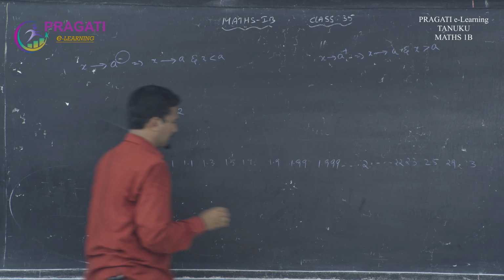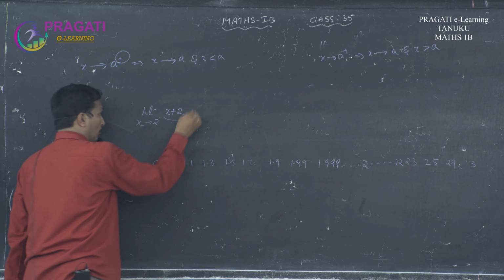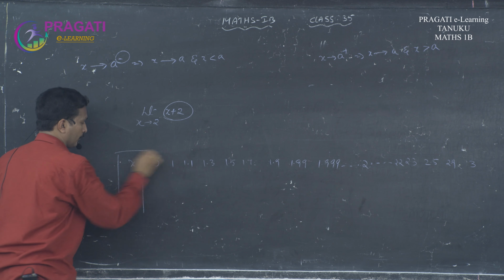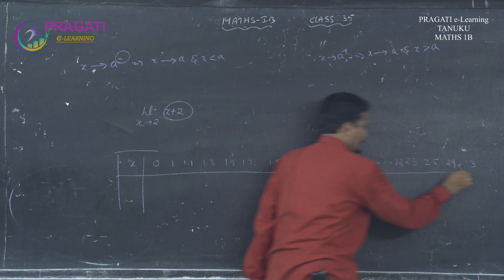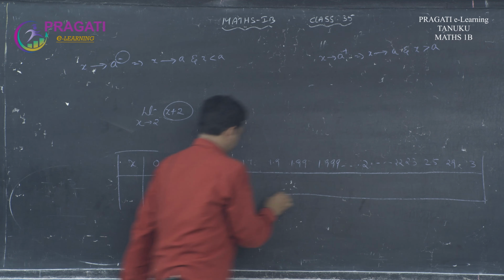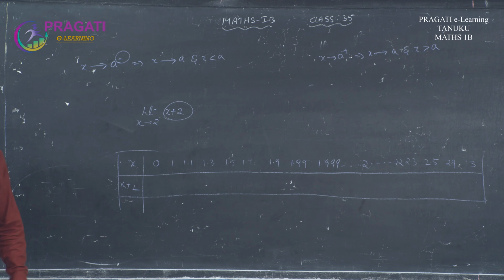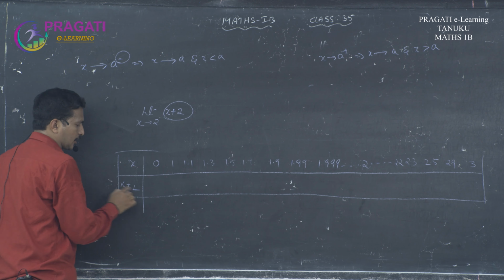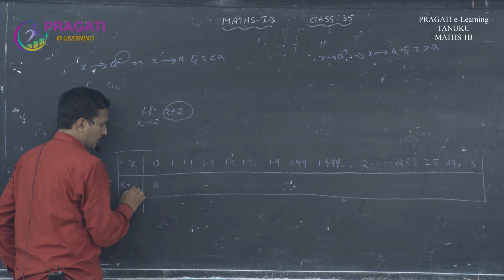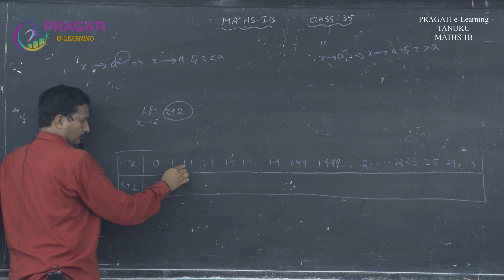Okay, students, what is the function? Here the function is x plus 2. If x is 0, then x plus 2 is 2; adding 1, 3.